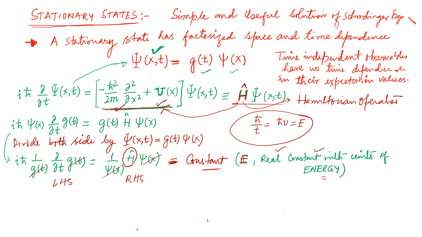So now let's take one by one. If I put the first part, the left hand side, I H cross d dt of g(t), I can write it as E g(t), and this gives me that g(t) is nothing but some constant c times e to the power minus i E t by H cross.